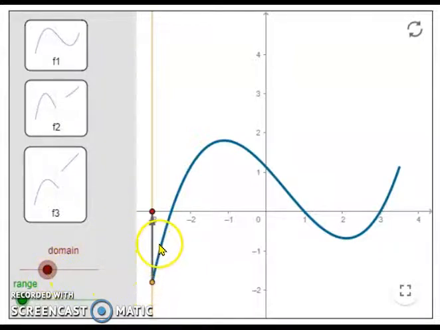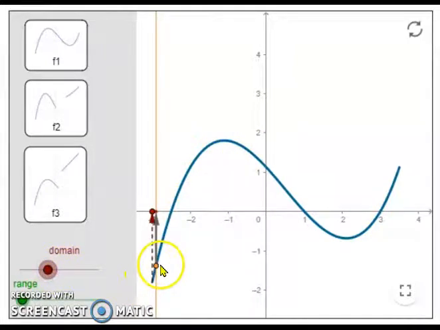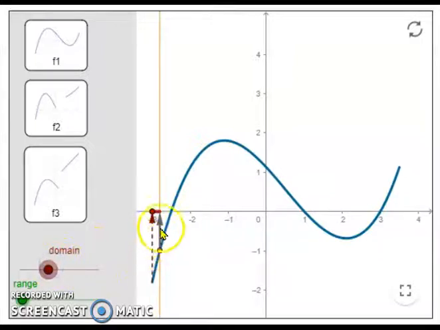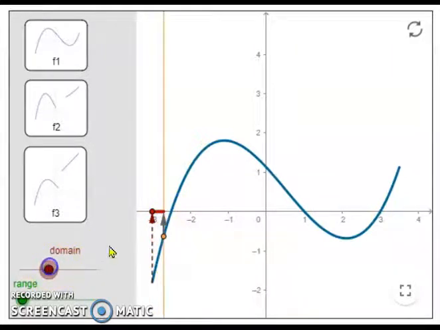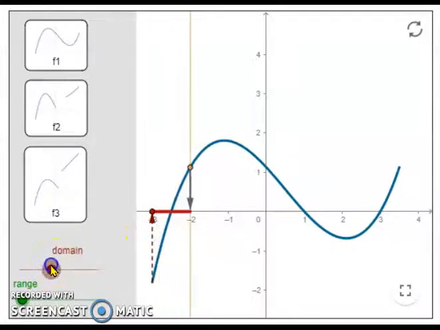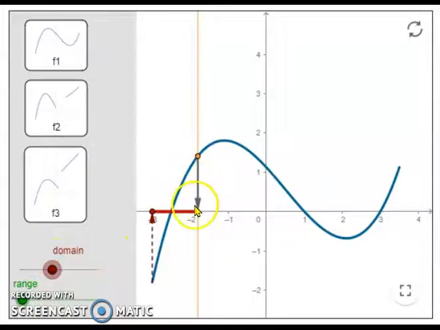So let's trace it. All the points here, this point corresponds to this output. This point corresponds to this output. This point, this is its output. And moving on, this point here, this is the output.